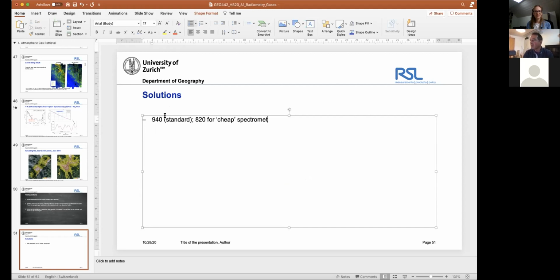Cheap means some of them are even ending at 940, so they don't go further than about 900. And at 820 you get better responsivity of the silicon. And 1130 is for shortwave infrared.